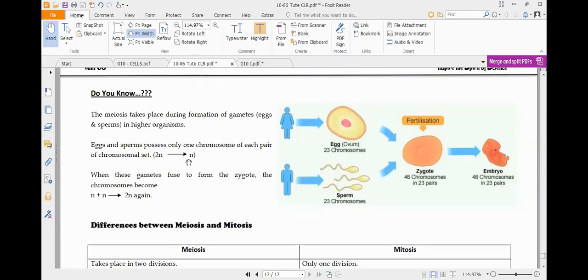Eggs and sperms possess only one chromosome of each pair of the chromosomal set. So 2n becomes n. When these gametes fuse to form the zygote, the chromosomes become n plus n, 2n. That's correct, right? 2n is there in the zygote. 23 plus 23 becomes 46.